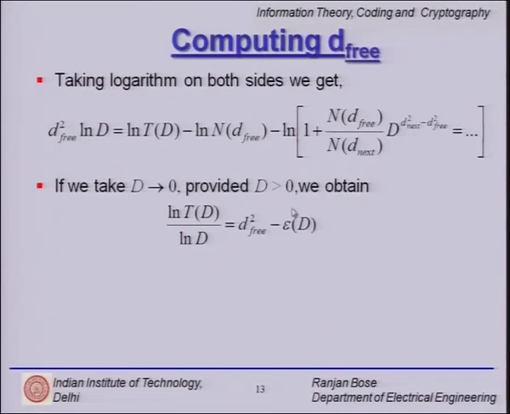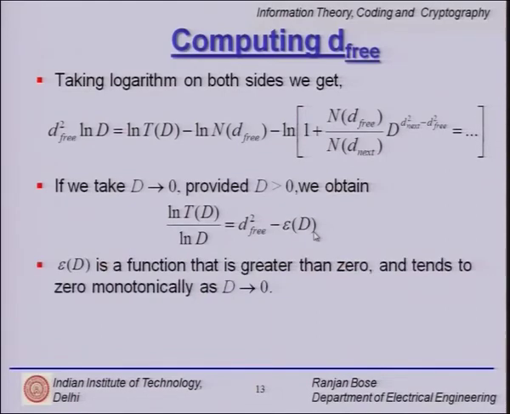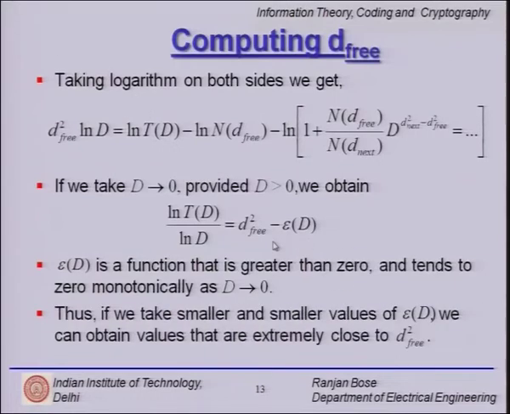So, the point is, if we can make this epsilon d as small as we can, then we can have a very good estimate of the squared free distance. We take smaller and smaller values of epsilon d, and we can get values which are extremely close to the squared free distance. So, this is one way to determine, or at least get an estimate of, the squared free distance from the generating function T(d).